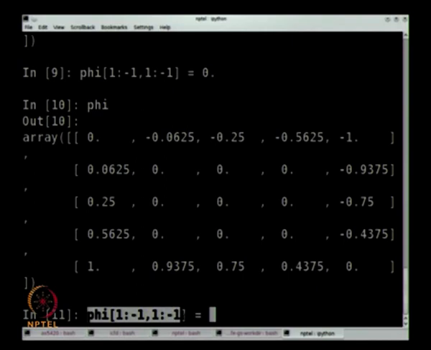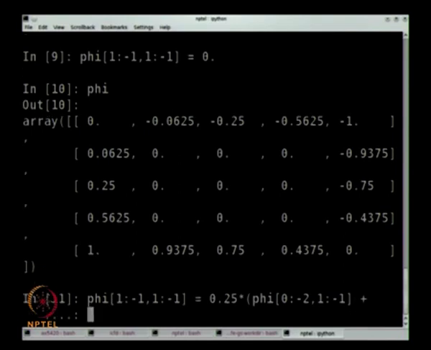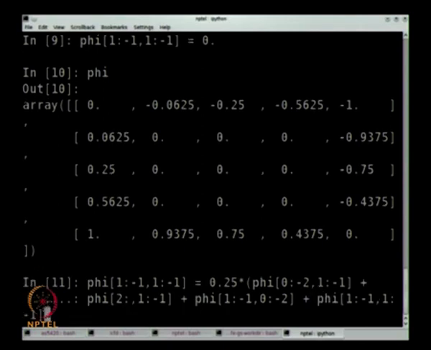Today I will get a little lazy. 0.25 times what we have, zero colon minus 2, that shifted to the left, plus shifted to the right, plus shifted up or shifted down, plus that's shifted up, fine.